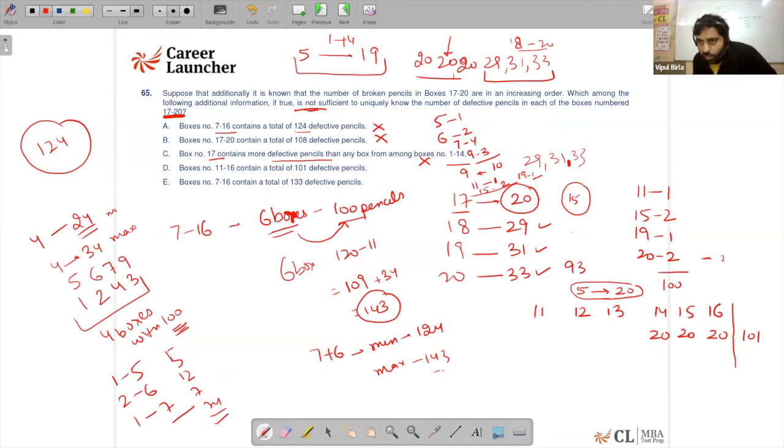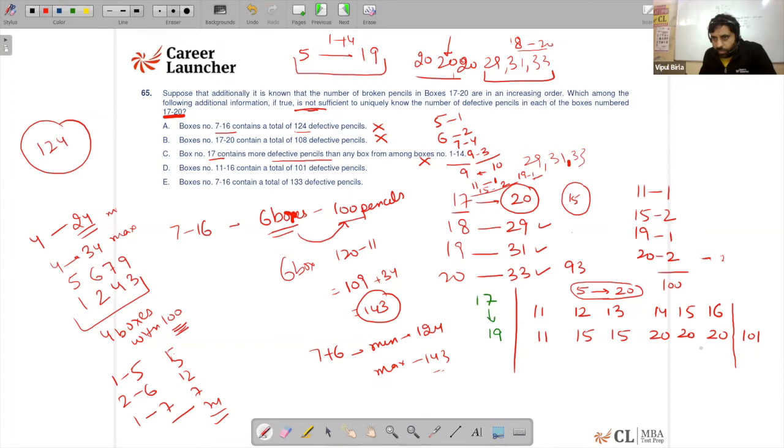What else can make this 101? 15, 15 and 11. So 60 plus 15 is 75, 90, 101. So in this case, for box number 17, I end up getting 19 pencils.